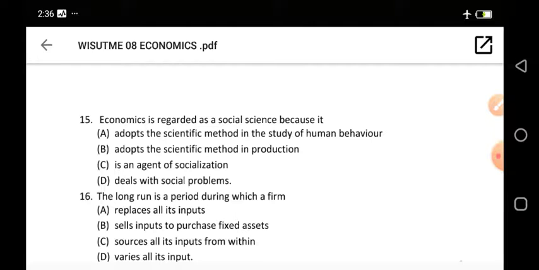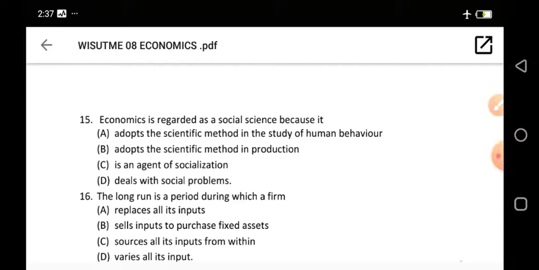A social science is a field that studies society, community, and interaction between human beings. So economics is not only a science but a social science subject, because it studies human behavior. So the answer to that question is A.